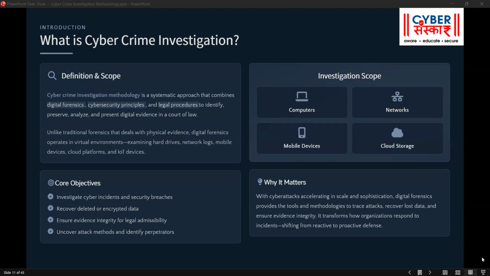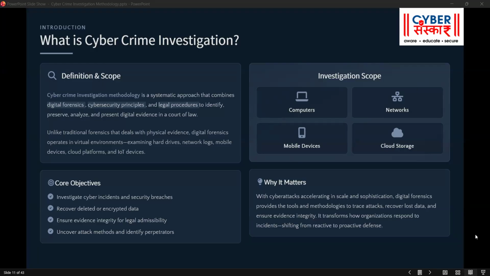Next is to uncover the attack methods. What kind of method of attack is used by the accused person or the fraudster or the cyber criminal is to be uncovered.